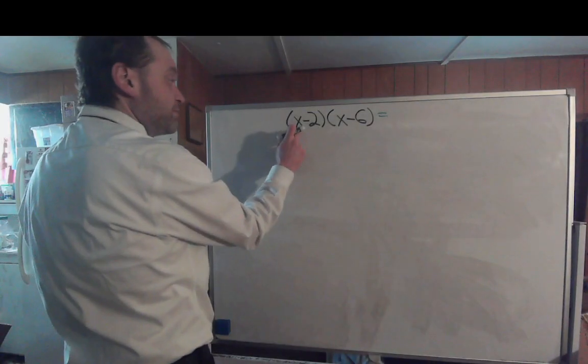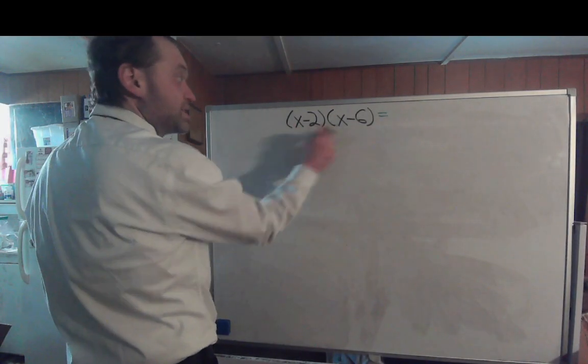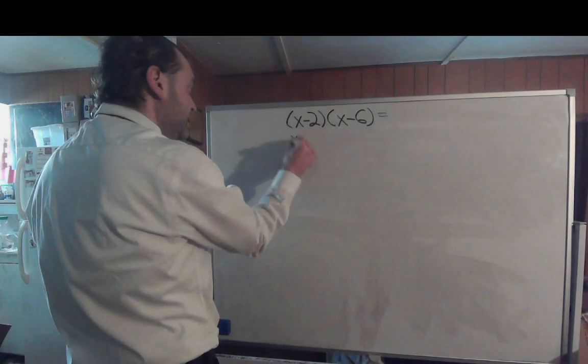So you're going to take your first times your first. Well, x times x is what? That's simply x squared.